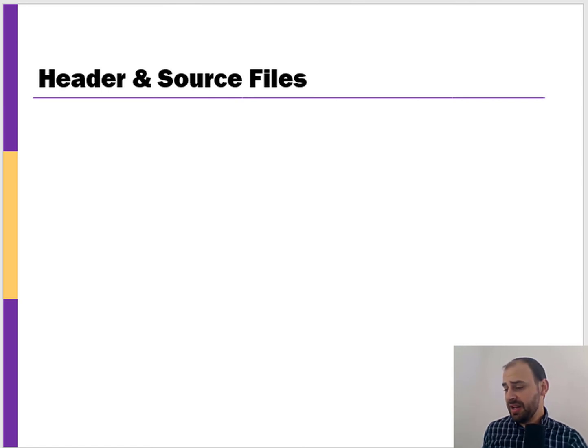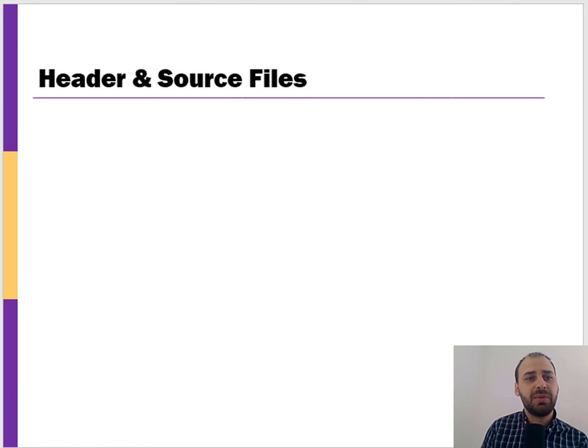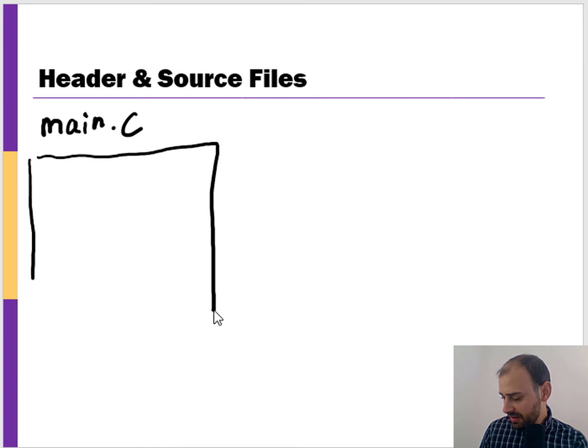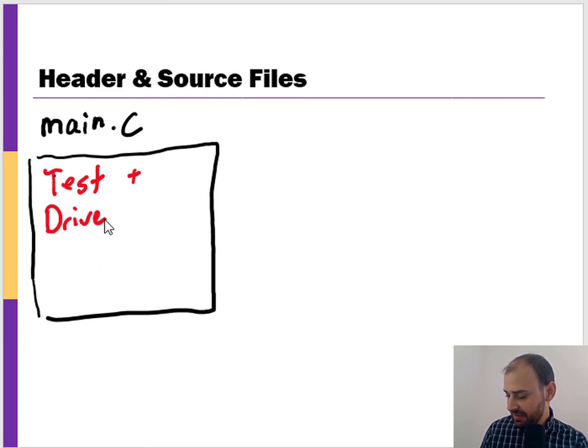One file is the most standard, very similar to what we've seen thus far. It's what I'm going to call the main.c file. The purpose of this file is going to be to test and drive the string library.